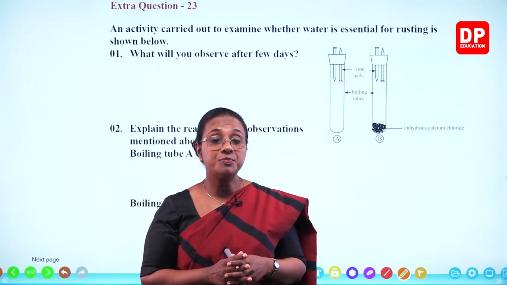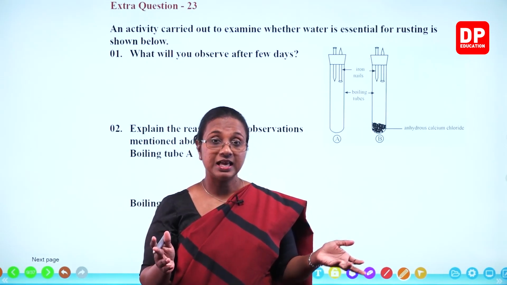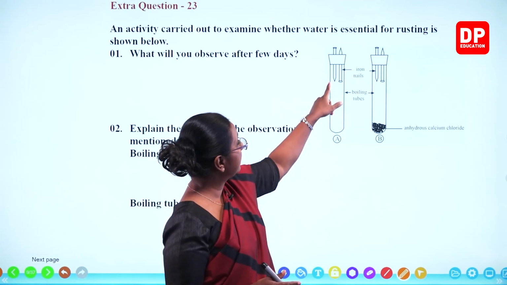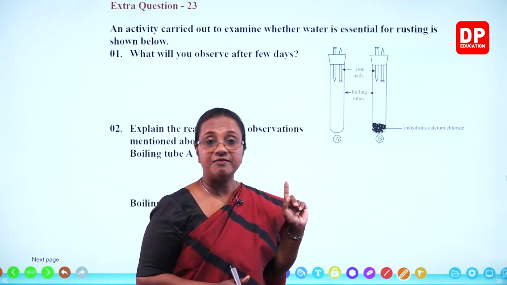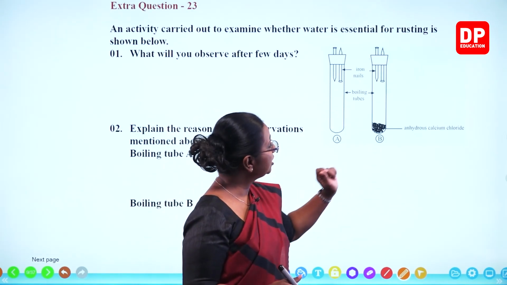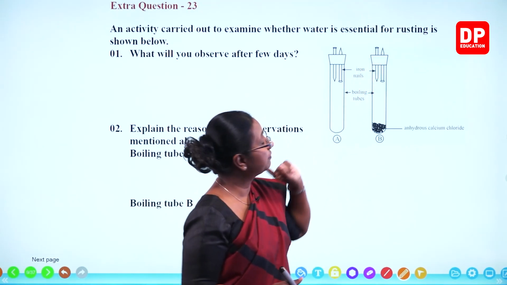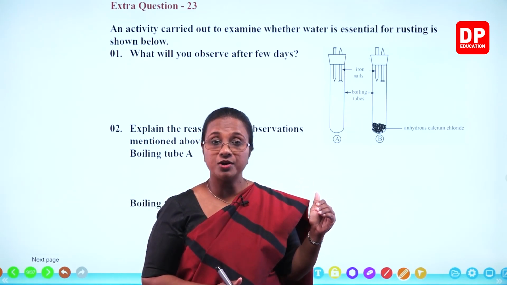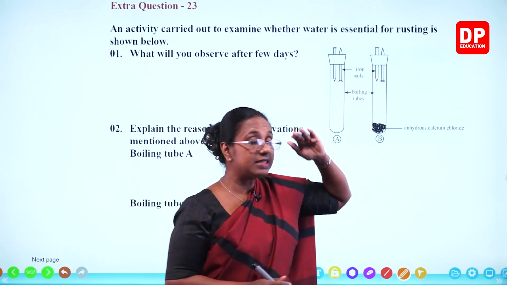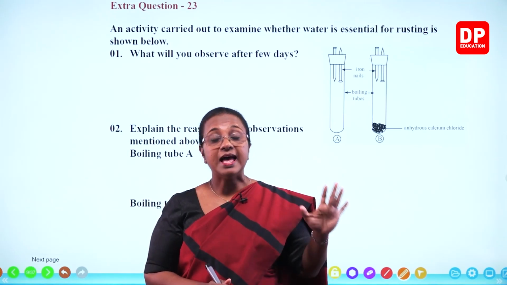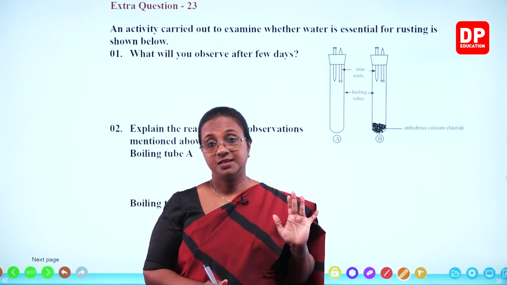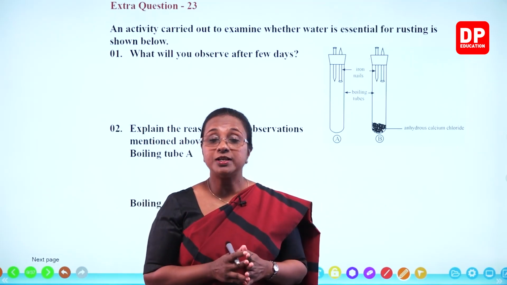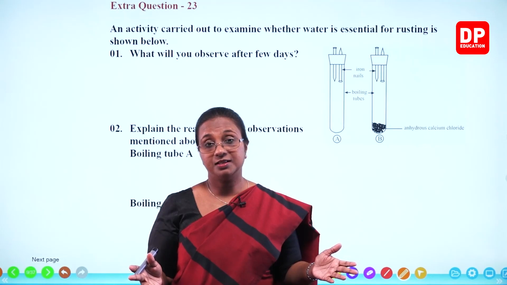So then what will you observe after 2 or 3 days? You will see that in the boiling tube A, the iron nails inside and outside would have rusted. But in boiling tube B, only the part of the nails that are outside the stopper would have undergone rusting. But the part that is inside the boiling tube, that will not rust. So from that, we can conclude and say that water is essential for rusting.